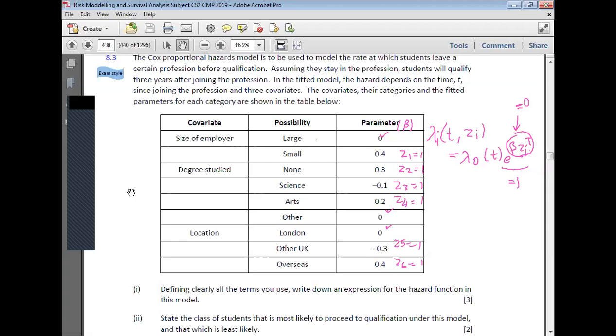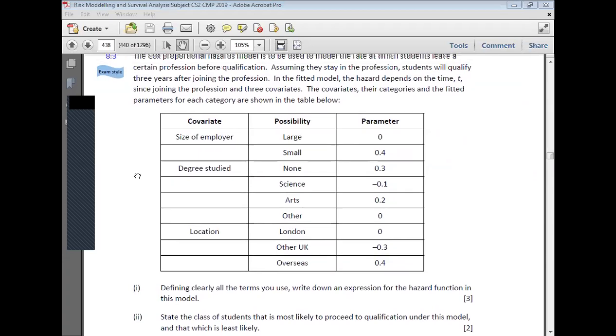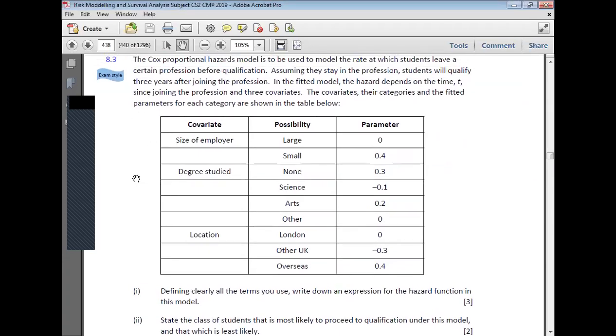Think about this. So what are we trying to model? What is my hazard here? Previously, throughout the whole chapter, we were looking at death as the hazard, the force of mortality. But what is my hazard for this particular scenario?